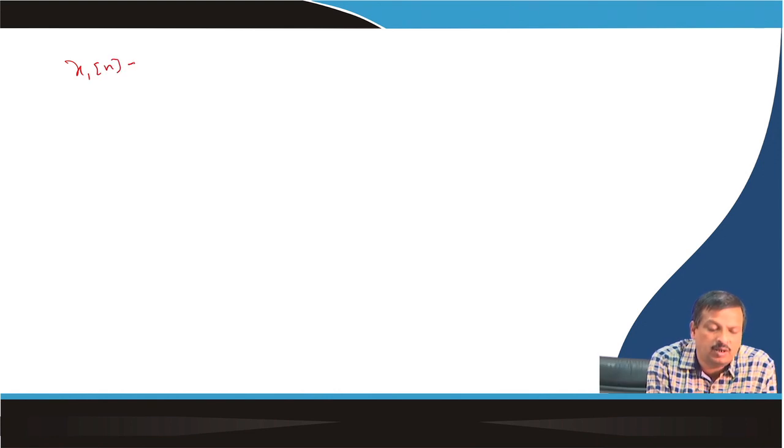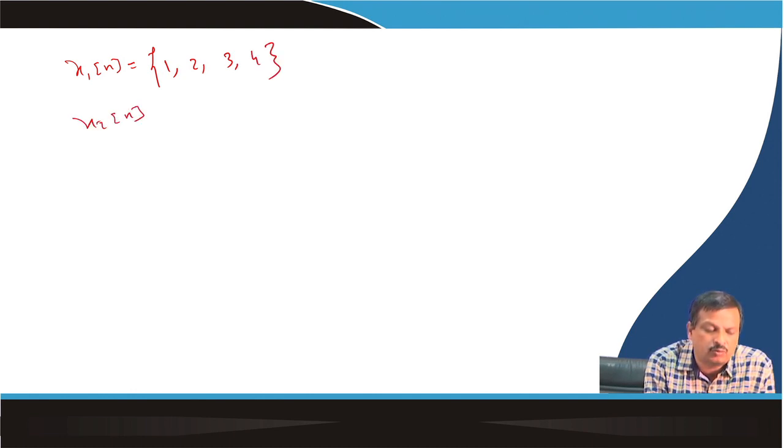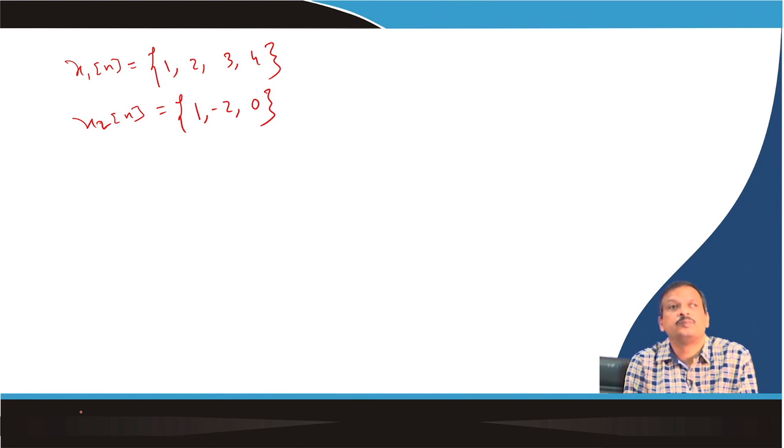Let us say I have x1[n]; calculate the 4-point circular convolution. x1[n] is equal to 1, 2, 3, 4, and x2[n] is equal to, let us say, 1, minus 2, 2.